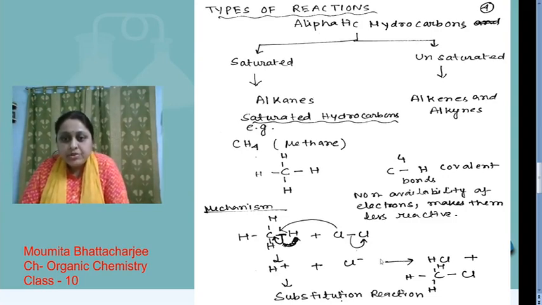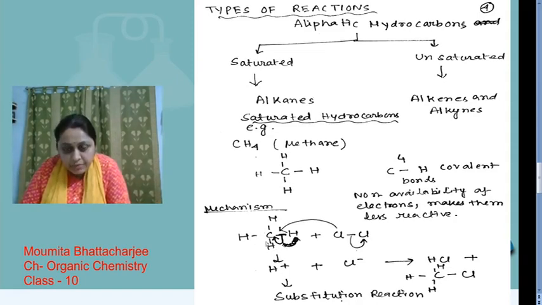Now what is a substitution reaction, or rather, what is the mechanism of substitution reaction? Here I have drawn the structure CH4. When it is reacting with chlorine, Cl-Cl, what will happen? This chlorine will take the bond electrons, that is 2 electrons from this bond, towards itself, and then this chlorine will become minus and this chlorine will become plus.